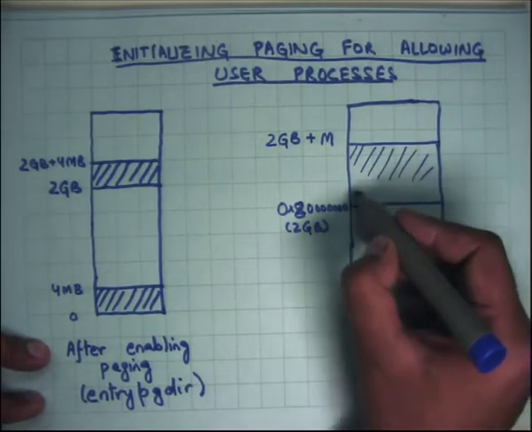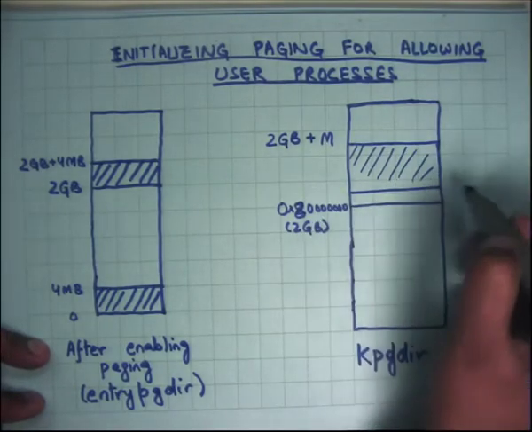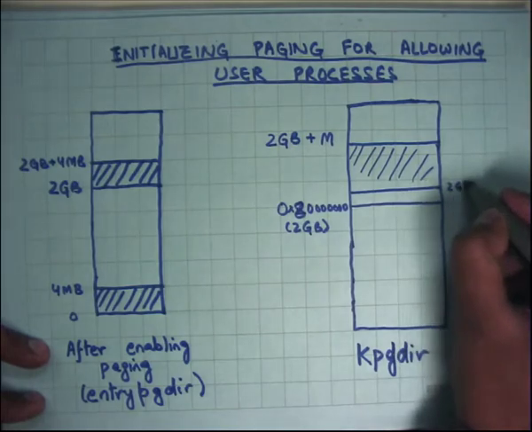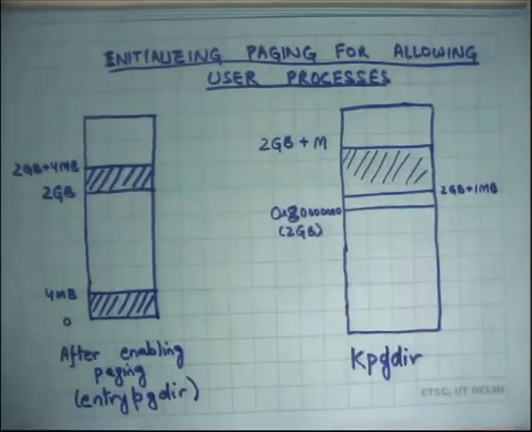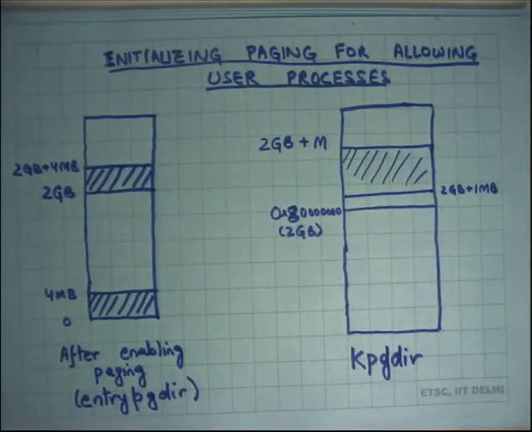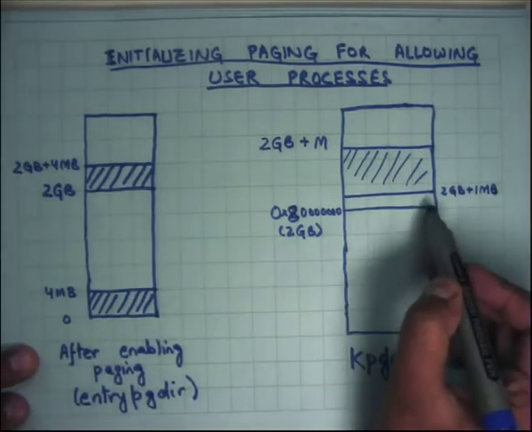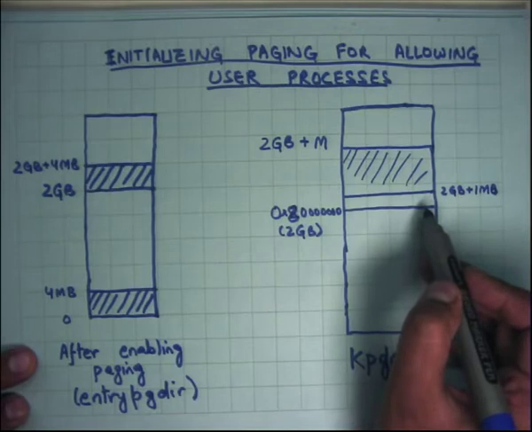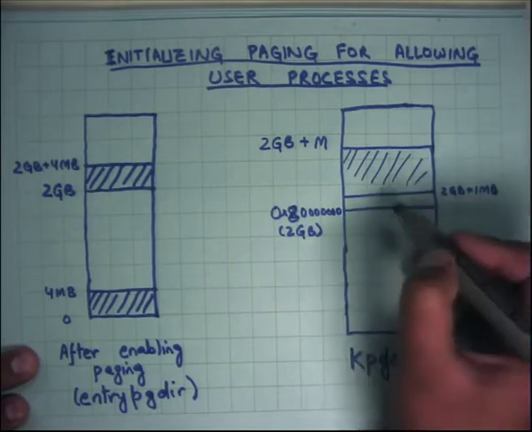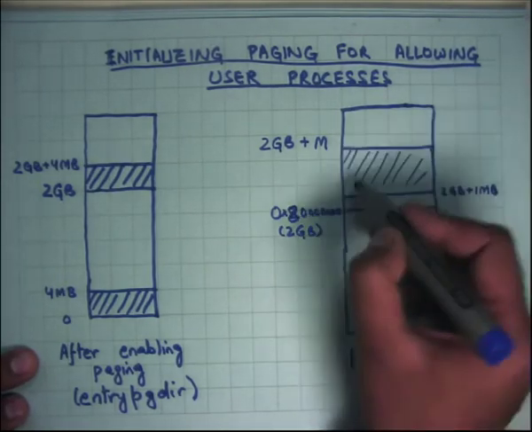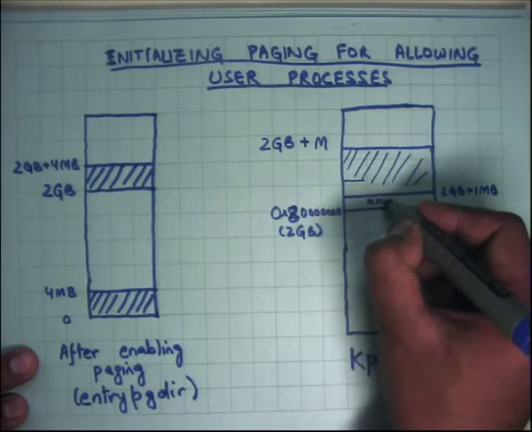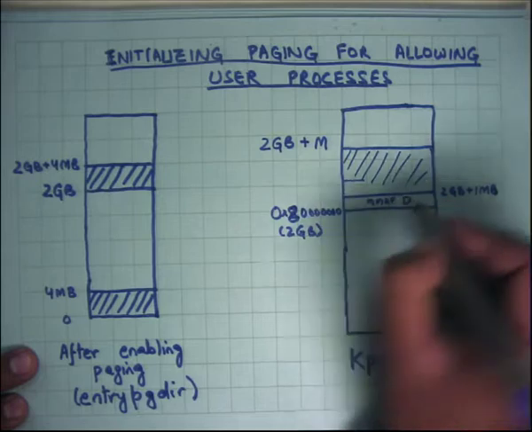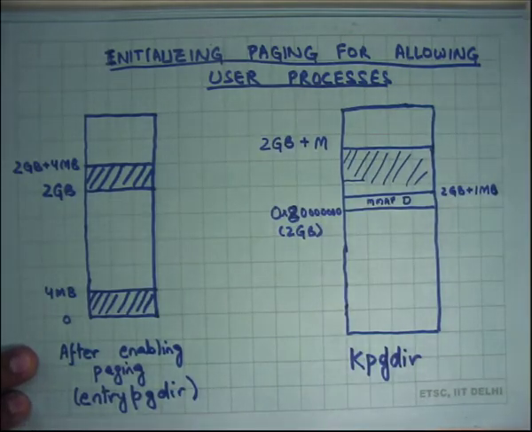Also recall that the first 1 MB was reserved for memory map devices. The first 1 MB of physical memory address space is actually not memory, it's console and other things. So even that gets mapped, but that's just reserved for the memory map devices, mmapd.